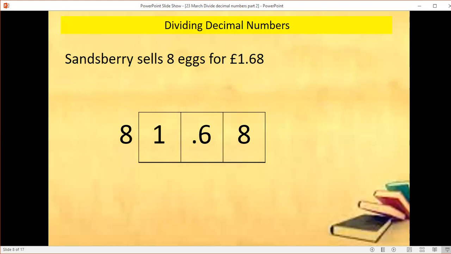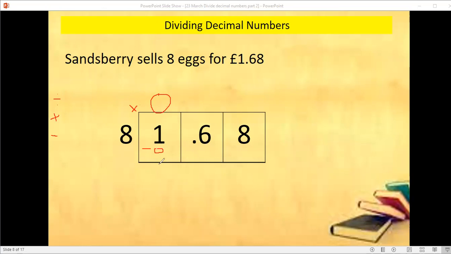It's the same process, the steps will be the same. So we will divide 1.68 by 8, correct? Don't forget, the first step is divide, multiply, and subtract. So this is the box method, or short method. 1 divided by 8 is 0. 0 times 8 is 0.